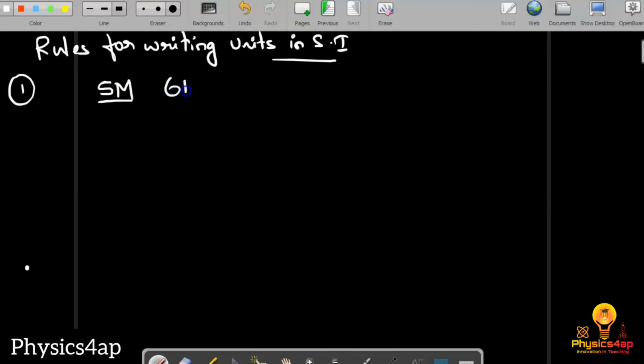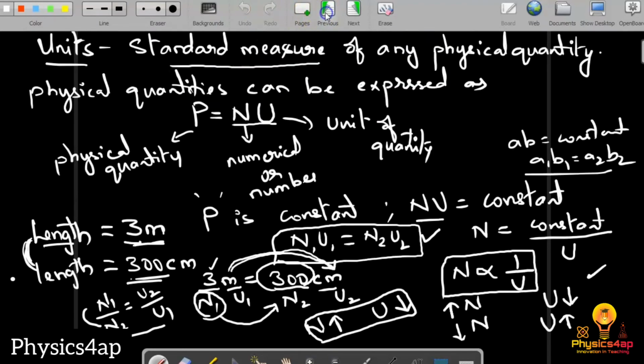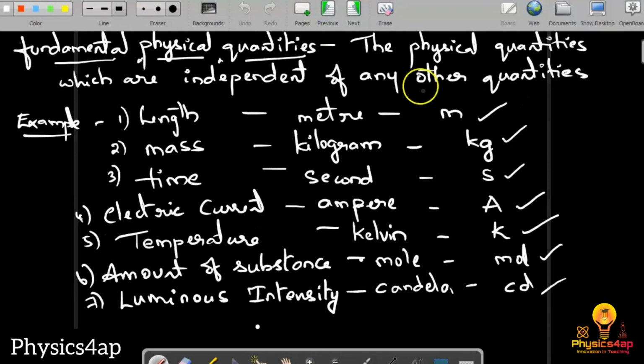So whenever you write the units, if it is length, it should be written as small m, as we have discussed earlier. సో మీటర్స్ ని మనం స్మాల్ m గాను రిప్రజెంట్ చేయాలి, కిలోగ్రామ్స్ ని స్మాల్ kg గా, టైం ని స్మాల్ s గా రిప్రజెంట్ చేయాలి, కరెంట్ మాత్రం క్యాపిటల్ A గాను, టెంపరేచర్ ని క్యాపిటల్ K గాను రిప్రజెంట్ చేయాలి.